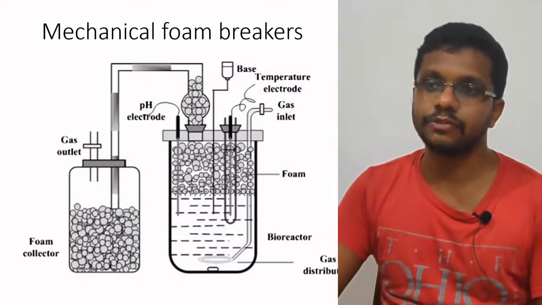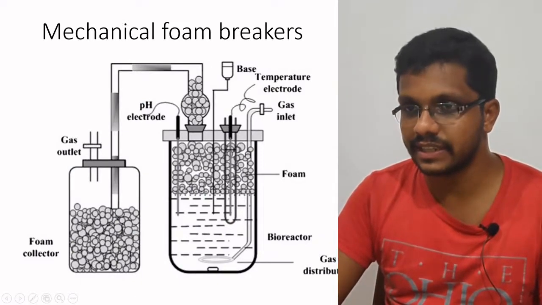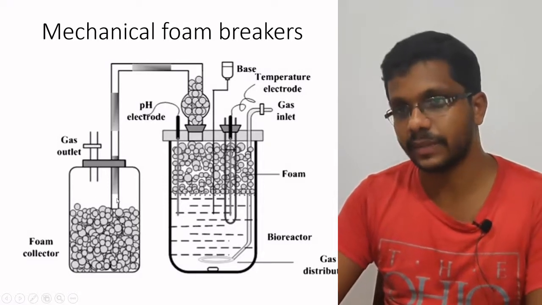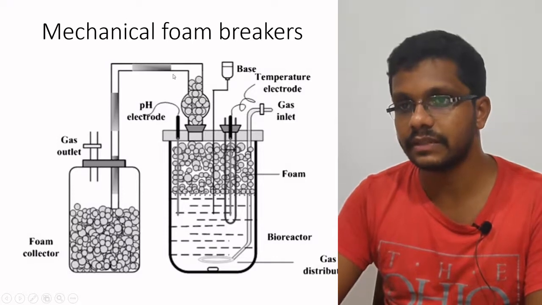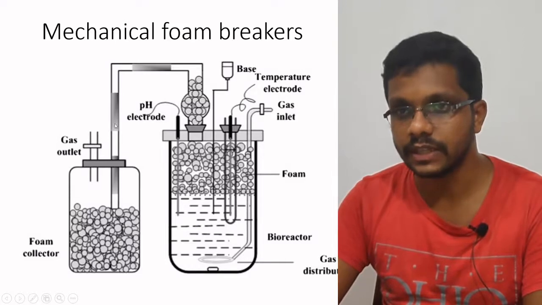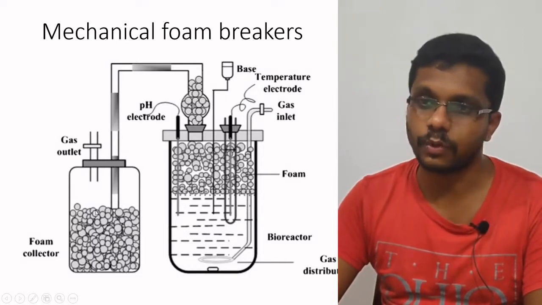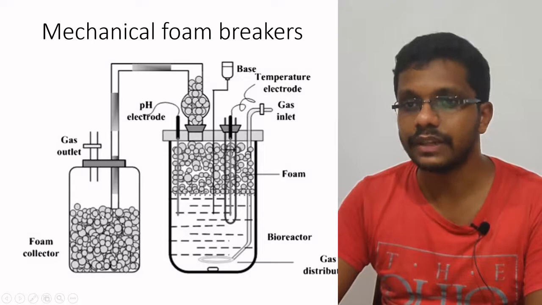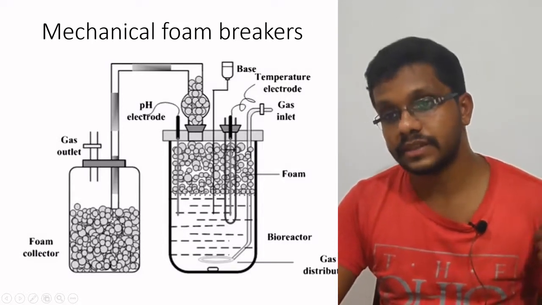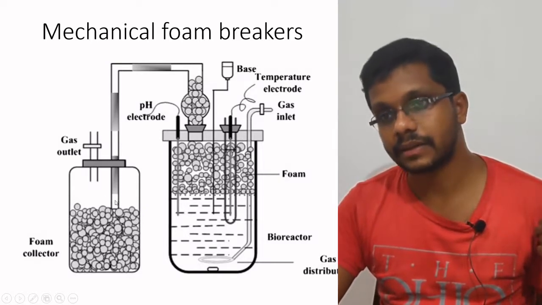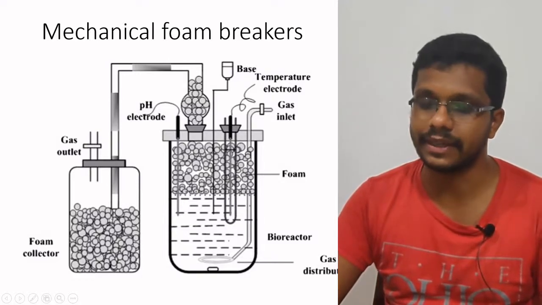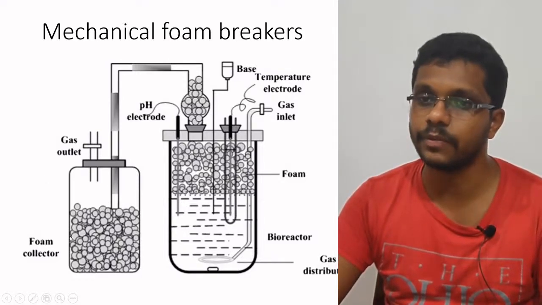Another strategy for mechanical foam breaking is, here is a fermenter where the foam is pumped into another foam collector. Once the foam is produced, we will have a piping. This piping is used to collect the foam into another container, so it's called a foam collector. In this container, we break the foam using some mechanical setup, and after breaking the foam, we get the liquid.